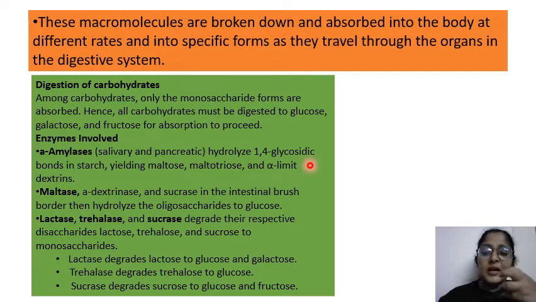Whenever we are taking starchy foods, such as cereals and vegetables, the amylases hydrolyze the 1,4 glycosidic bonds and form maltose, maltotriose and some limited dextrins.